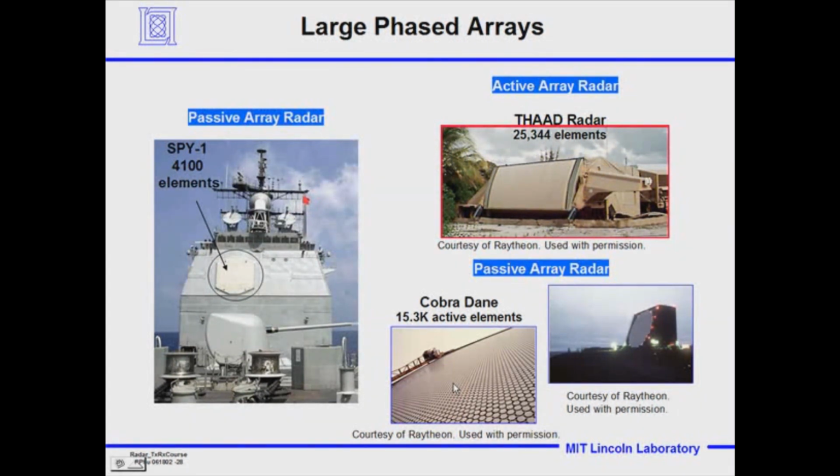It was built over 20 years ago, and it has 15,000 active elements. Okay, so here are some examples. They're pretty big, physically, and with lots of elements. And Cobra Dane is at L-band, THAAD is at X-band.